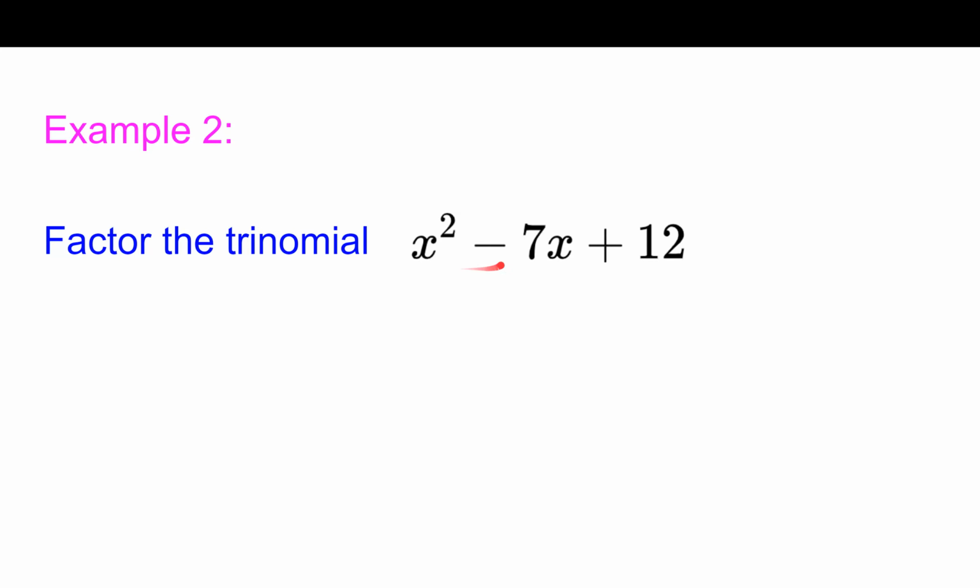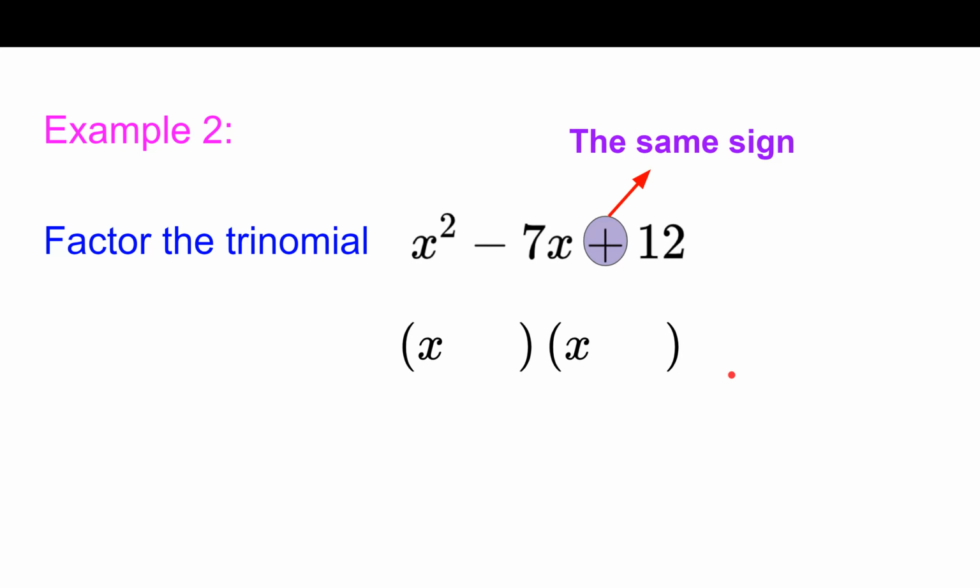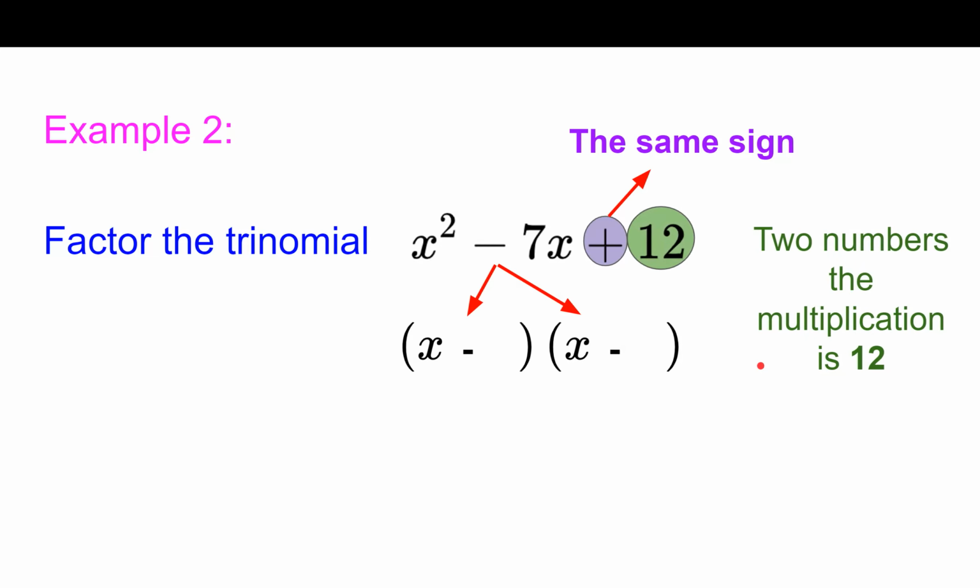The second example: if I have x squared minus 7x plus 12, we break out the x, and the signs are the same, so they're both negative. Now, two numbers whose multiplication is 12 and whose addition is negative 7. What two numbers multiply to 12? 12 times 1, 6 times 2, 4 times 3.